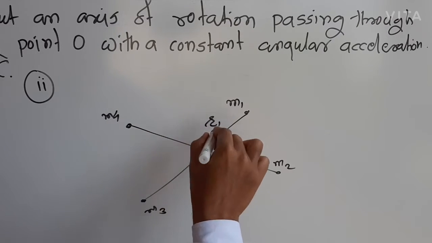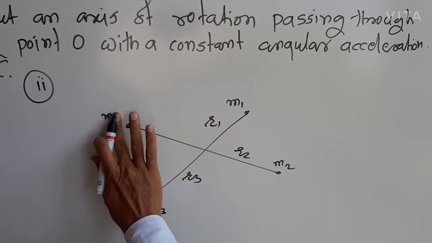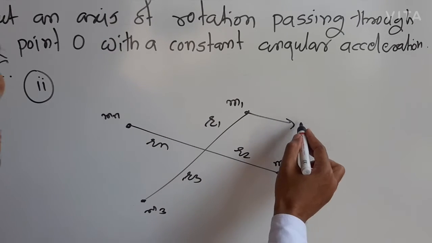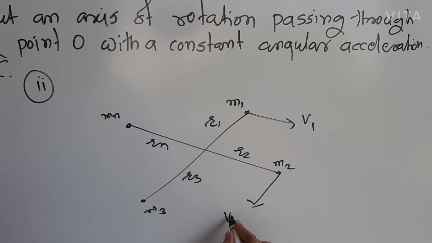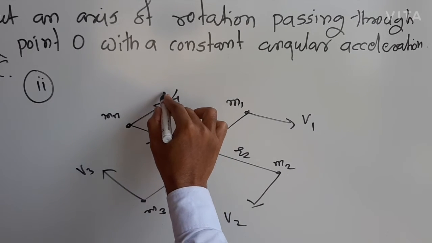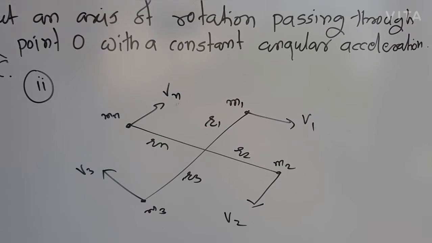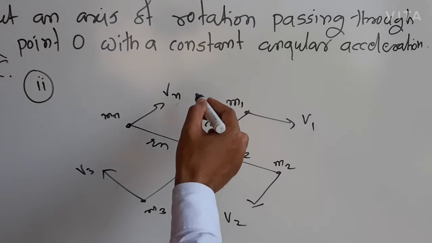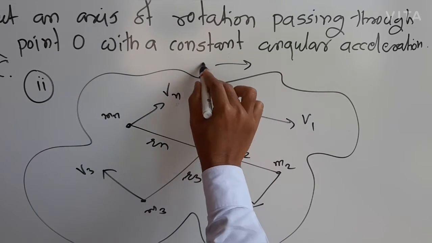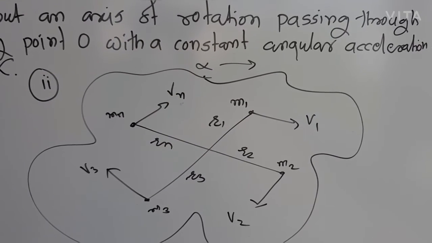Now the distance of M1 is R1, M2 is R2, M3 is R3 and Mn is Rn. Now denote linear velocities V1, V2, V3, V4, Vn. Then give it a boundary, and it shows a body, and denote here angular acceleration alpha. Draw this diagram.